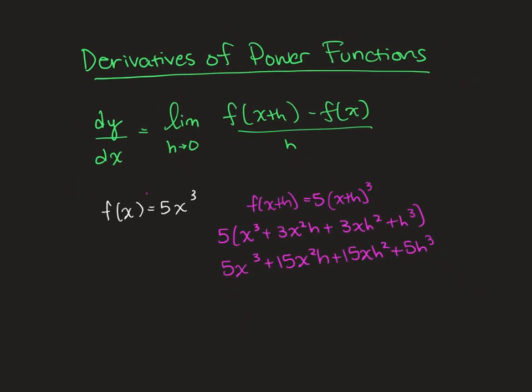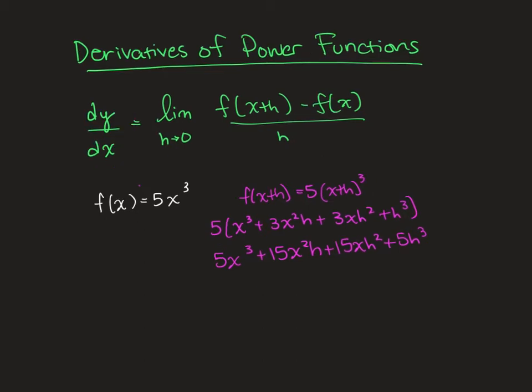So if I start putting this together, what I'm going to get is f of x plus h and f of x. So I'm going to take those pieces. I'll just clean this up just a tiny little bit, because apparently I write sideways.